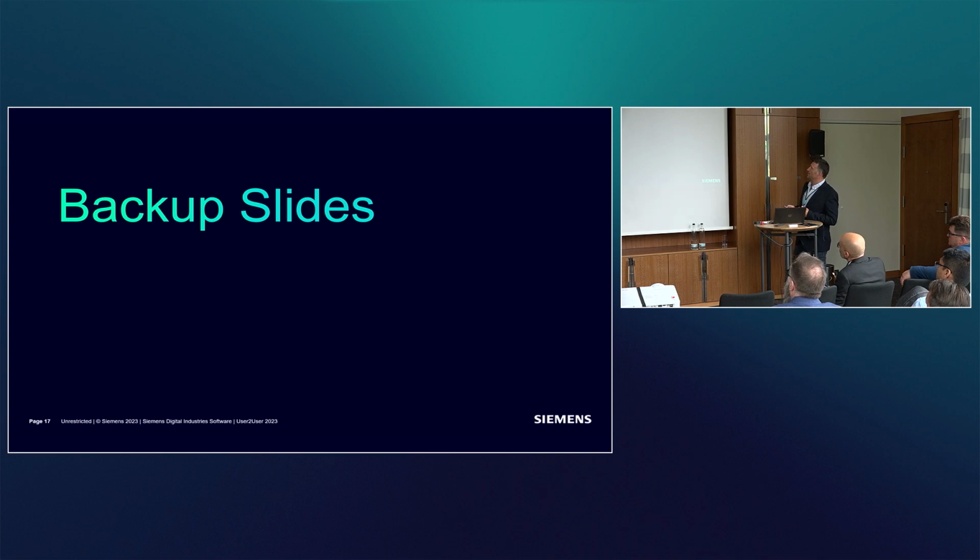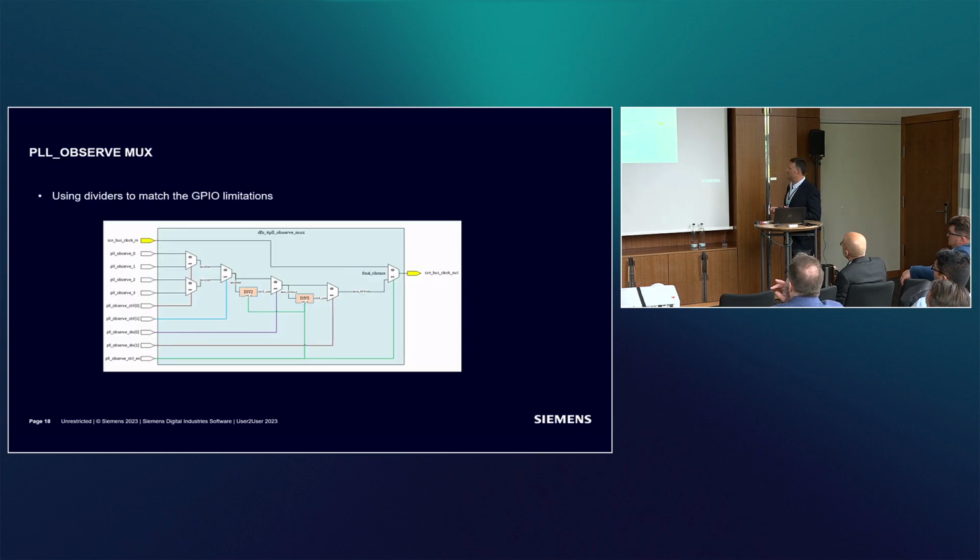Here we have a scheme of the PLL observe. Inside we have two dividers, and everything is IJTAG configurable. So we can divide by 2, by 5, or by 10, because the PLLs are at 1 gigahertz or 2 gigahertz, much faster than the GPIOs.